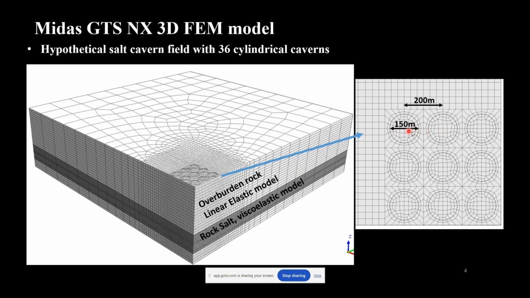Normally, the salt caverns are not that big, and they are relatively close together, so the pillars between them are not very big. Here we have a larger space in between caverns, and this is a scenario where there would be more deformations induced in the overburden rocks, and this was arbitrary. As I said, it's a hypothetical cavern field.